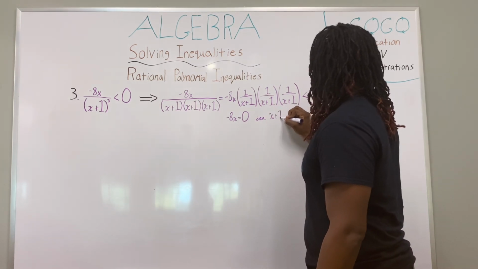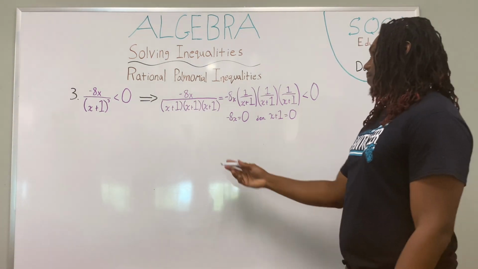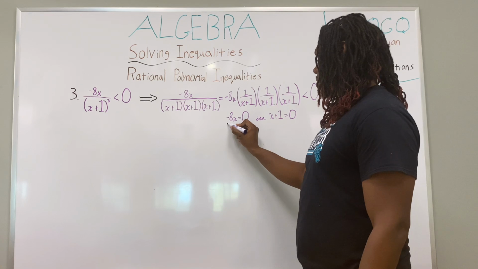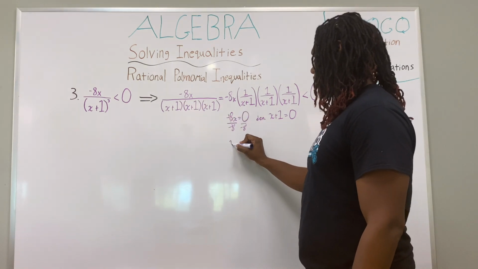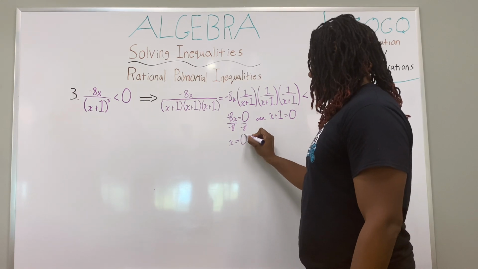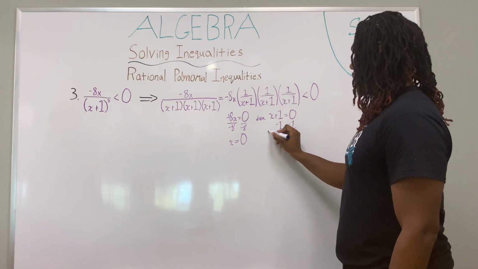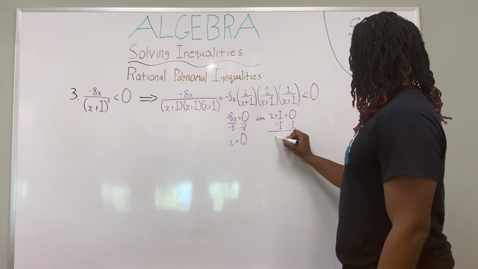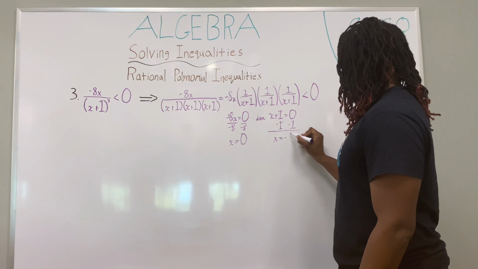Instead, we're looking for that denominator to be 0. And those are gonna be the zeros. So now we solve for our zeros. -8x, we divide on both sides so that x is equal to 0. And then for x plus 1, subtract 1 on both sides so that x is equal to -1. And those are gonna be the zeros of the function.